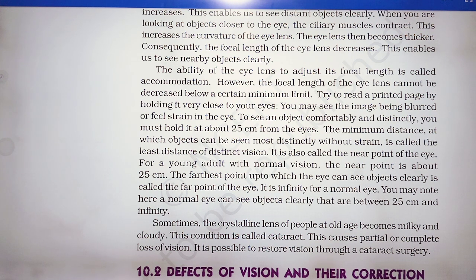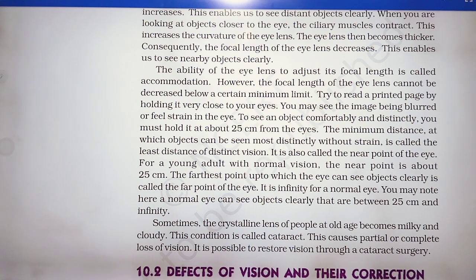The minimum distance at which objects can be seen distinctly without strain is called the least distance of distinct vision, that is the LDDV distance. It is also called the near point of the eye.